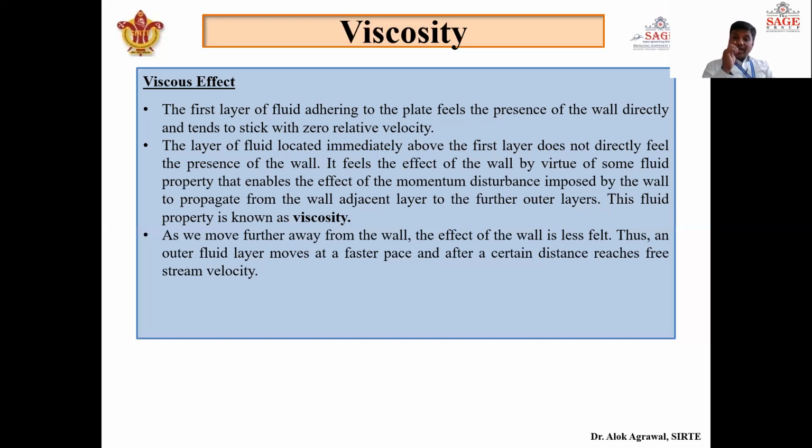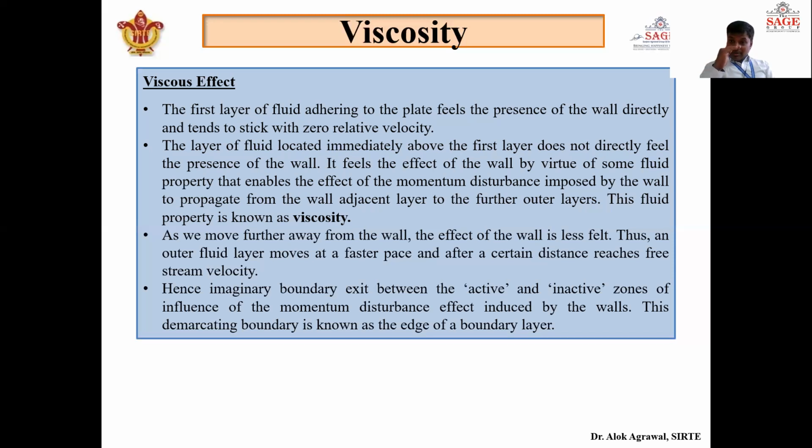And after some distance, a point is reached where the fluid again attains the velocity which was earlier, that is the free stream velocity. That point defines where below it there will be a viscous effect and above it there will not be any viscous effect.